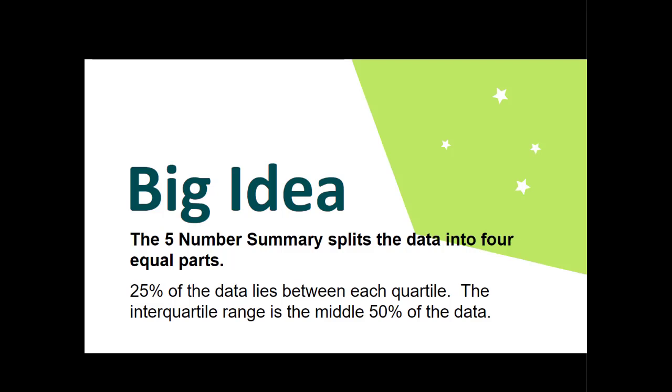So what's the big idea? Today's big ideas are that the 5-number summary splits the data into 4 equal parts. 25% of the data lies between each quartile, and that the interquartile range describes the variability of the middle 50% of the data.